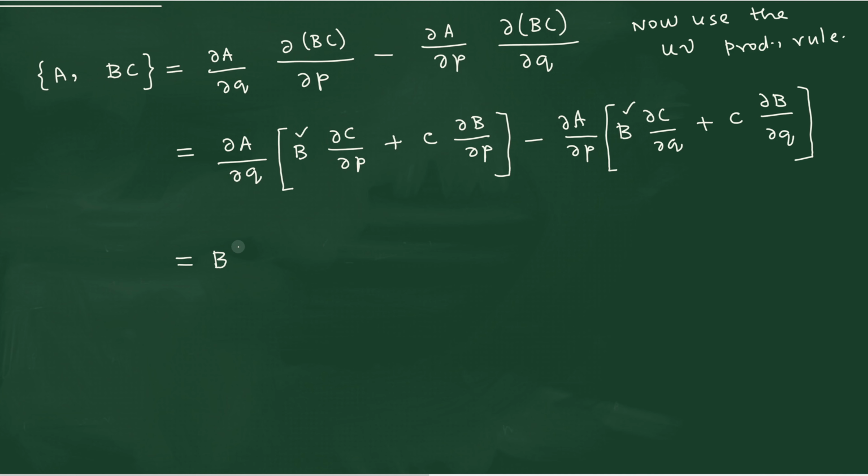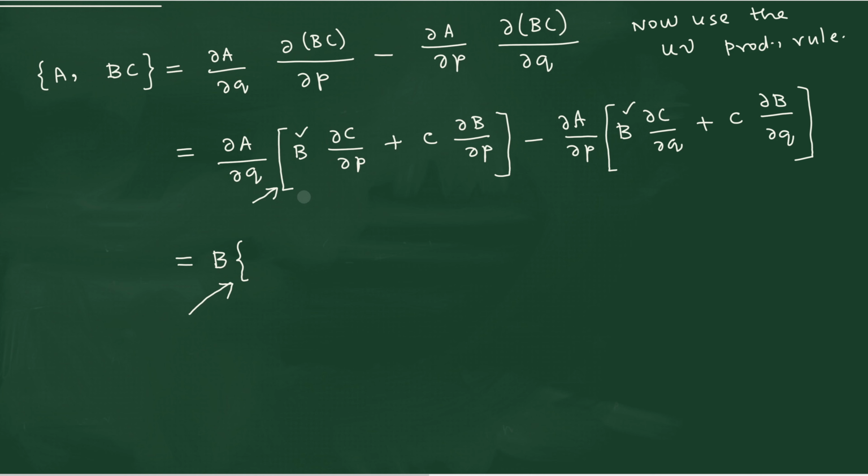If I take B common, now I am expecting a Poisson bracket, and therefore I am using a curly brace. So you see here, this particular brace is a curly brace, whereas this particular one is a normal square bracket, which is not a Poisson bracket. So you should be careful what bracket you are using for simplification. In case I put a curly brace here also, some confusion will come.